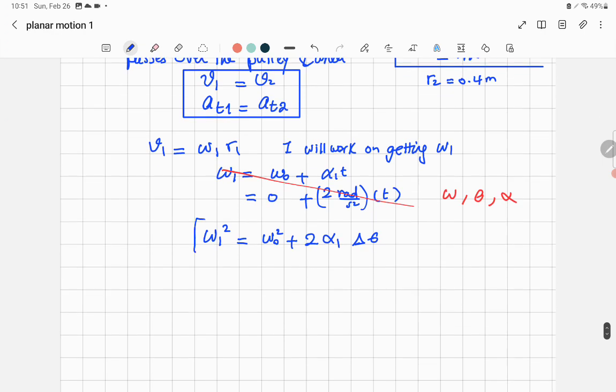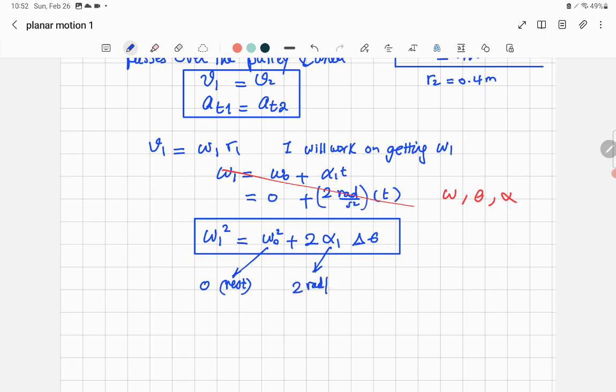Let's get each one. We have everything here now. Omega naught is equal to 0 because it starts from rest. Alpha 1 is given as 2 radian per second squared. Delta theta is equal to theta 1 minus theta naught. Initially it was 0, but theta 1 is equal to 4 pi, 2 revolutions.